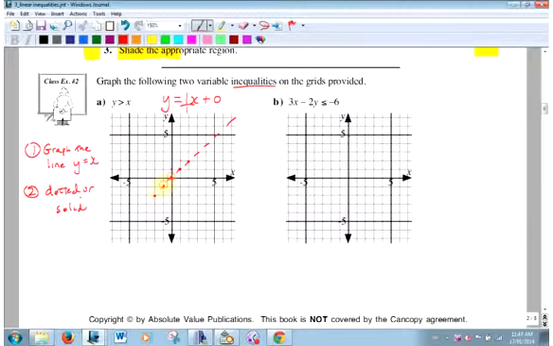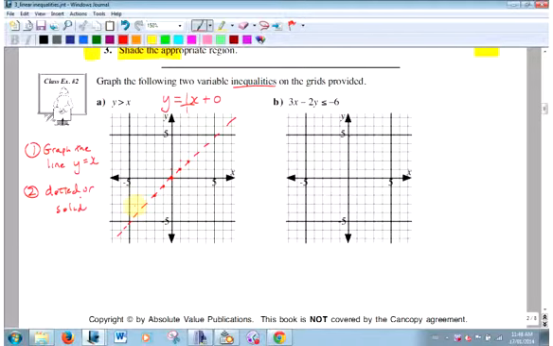Because a point on that line is not a solution. Let's look at this point right here. That's on the line. That's 2, 2. If I put 2, 2 in here, is 2 greater than 2? It's not. It doesn't work. So this line is not a solution. Any point on this line, 0, 0. Is 0 greater than 0? That's incorrect. 0 is equal to 0.